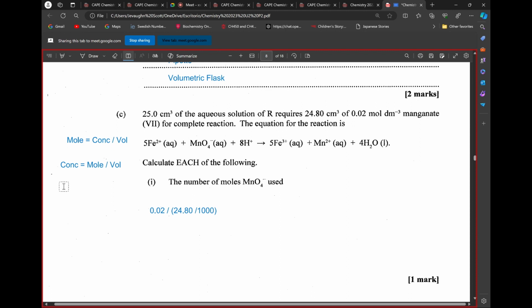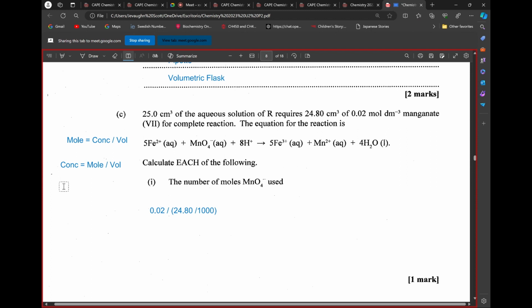Give me one moment. All right, so now I can see everything. So we're going to have 0.02 and we're dividing it by the 24.80 divided by 1,000. What is the value that you're getting? 0.8.